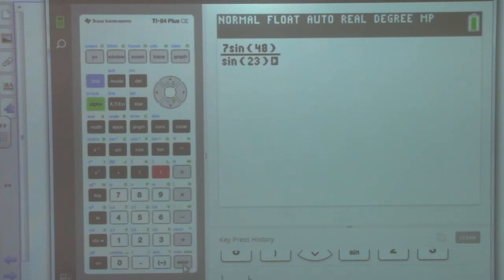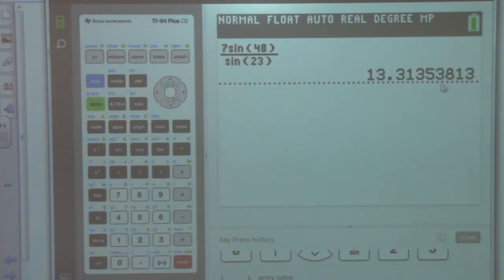Before I press the button, what's one thing you have to really watch out for on this? Make sure you're in degrees. In fact, I brought this up last period, and Becky noticed that my calculator was in radians. You're exactly right. Good job. So then you press enter, and you know you have a valid answer.